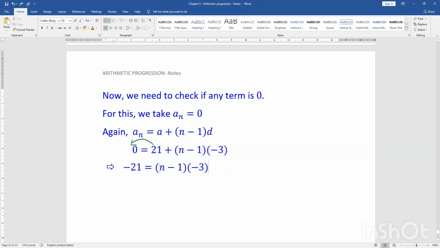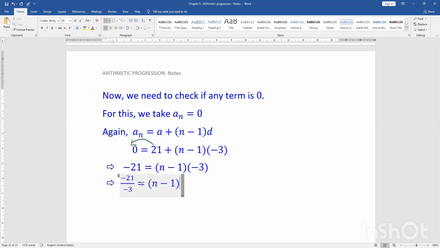The next step, we're going to write it as minus 21 by minus 3, correct? Because minus 3 is going to transpose to the LHS. The same way as we did in the previous step, minus 3, when it transposes, comes to the denominator, equals n minus 1.